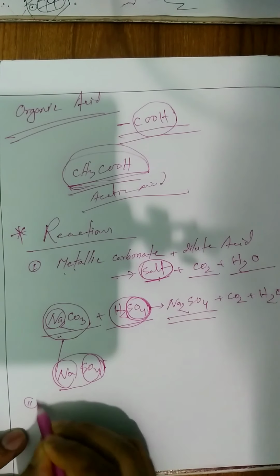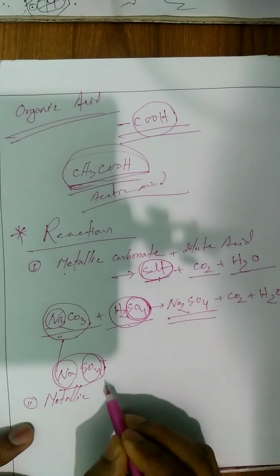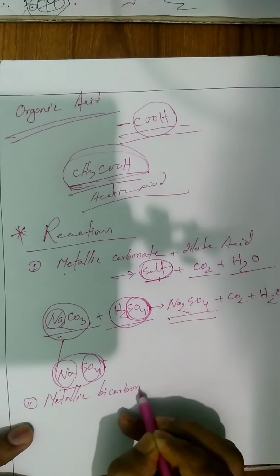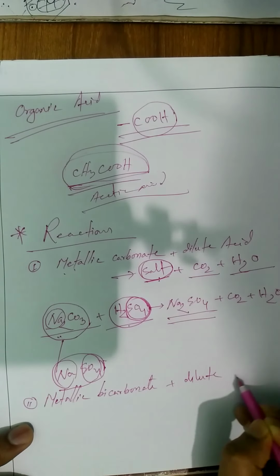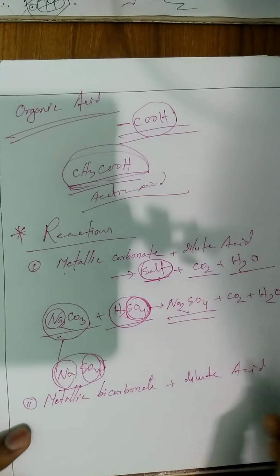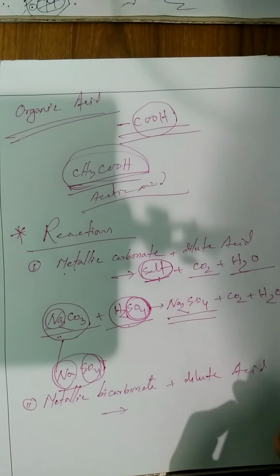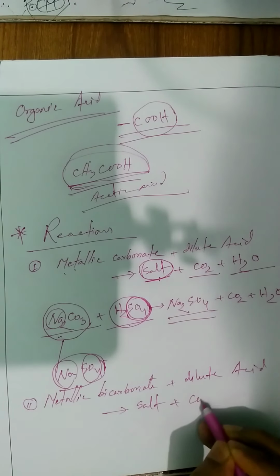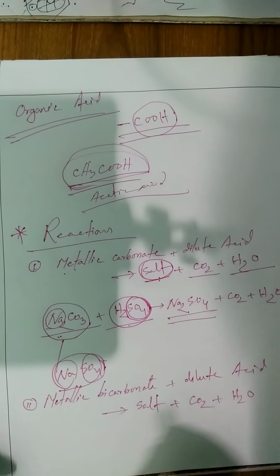Next rule, metallic bicarbonate plus dilute acid. Metallic bicarbonate plus dilute acid, product will be the same, that is salt plus CO2 plus H2O.